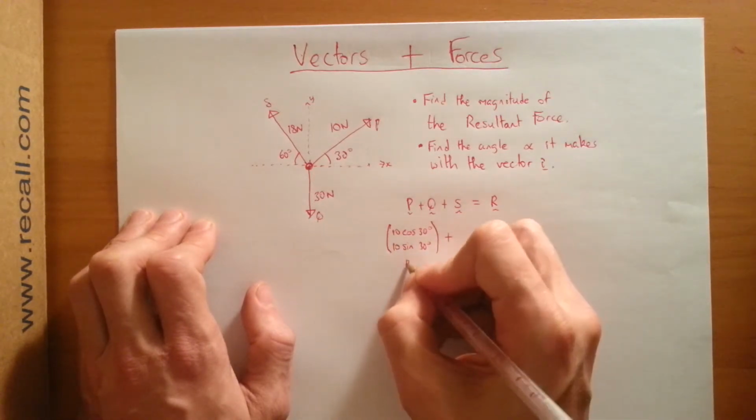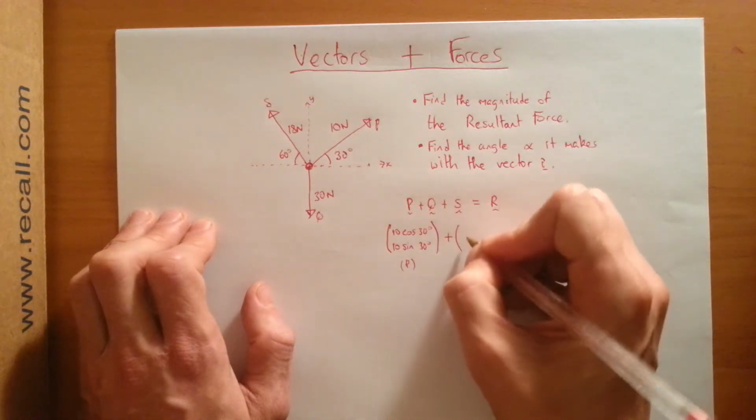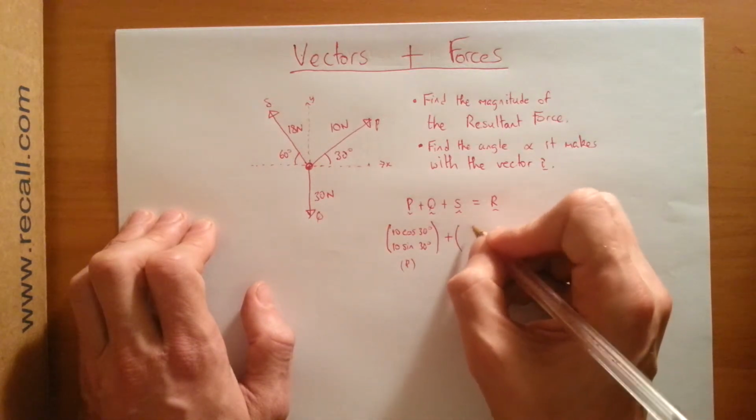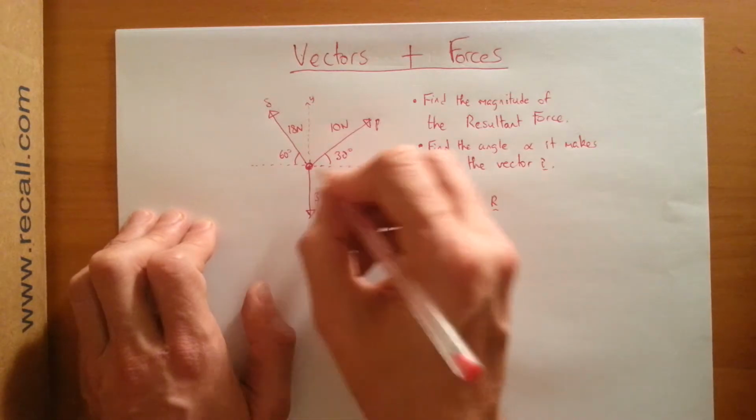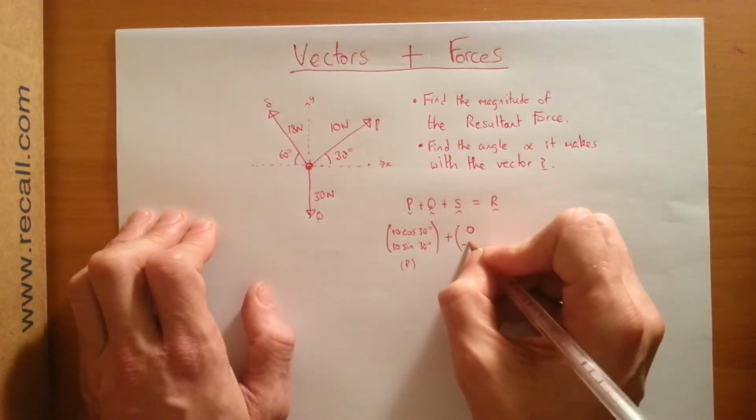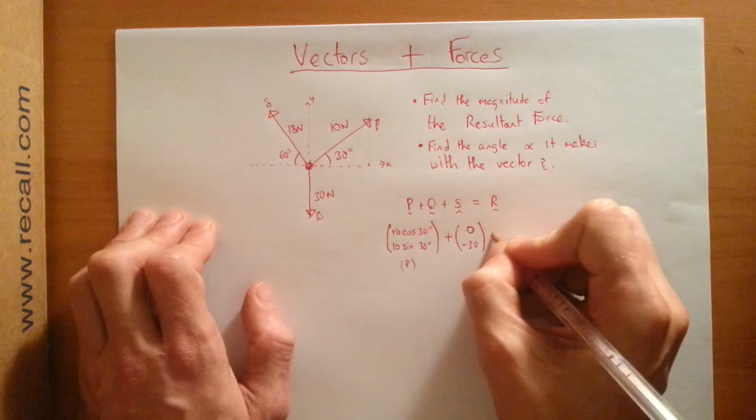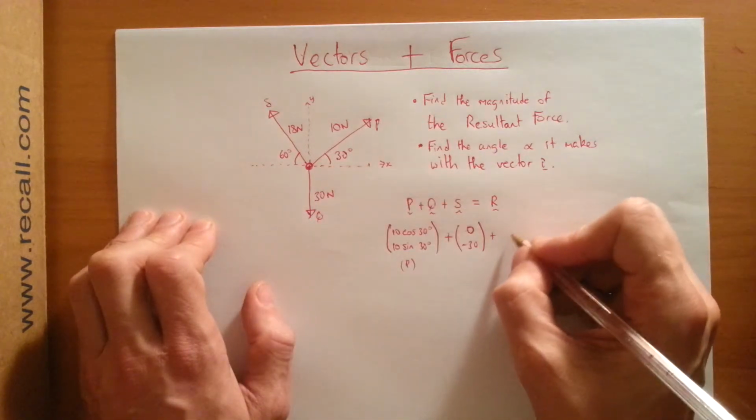And that's P done. Q will be simply 0 in the X direction and minus 30 in the Y. Notice it's minus because it's going down.